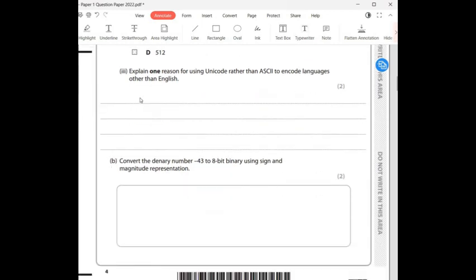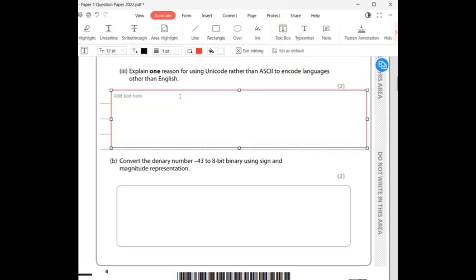Alright, next bit, we need to explain one reason for using Unicode rather than ASCII to encode languages other than English. So it's a 2 marker, so you need a bit more effort. So, all of the major languages can be represented by Unicode. That's 1. Because it uses a minimum of 16 bits.